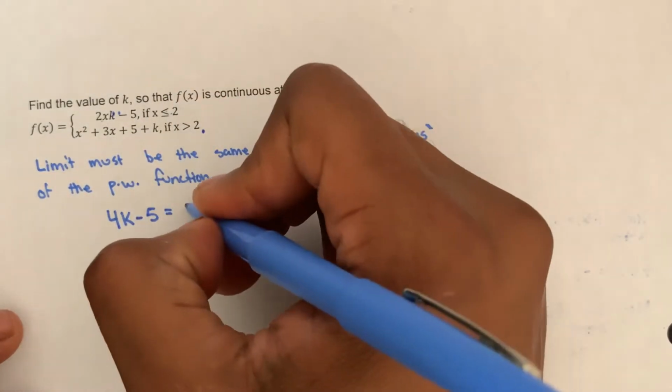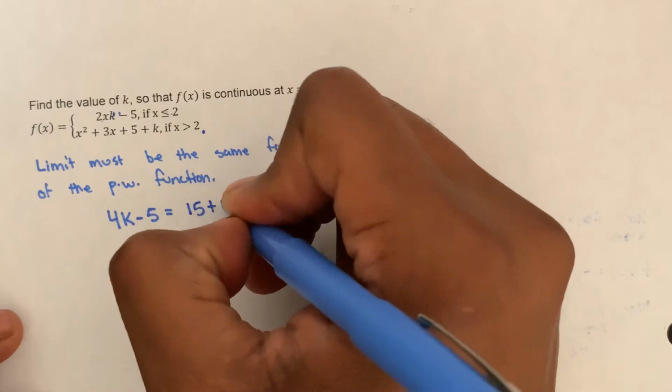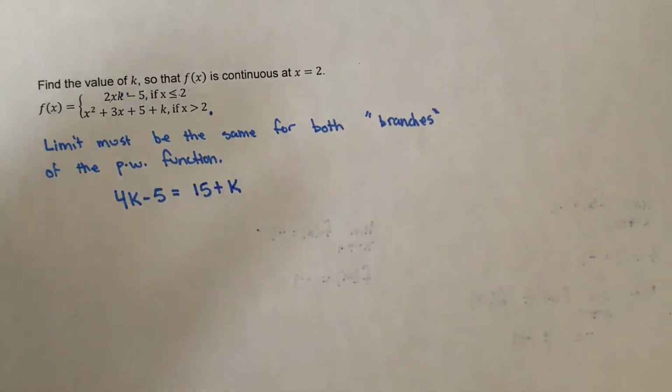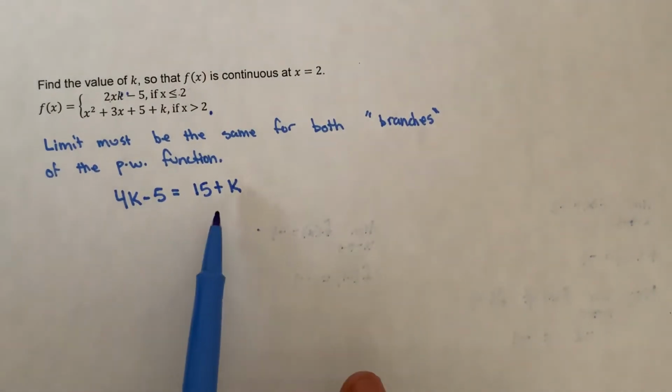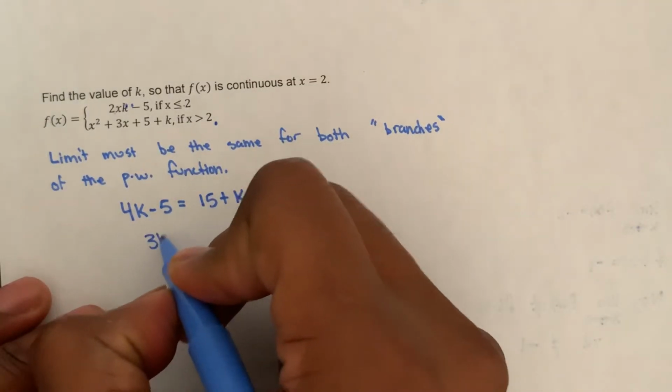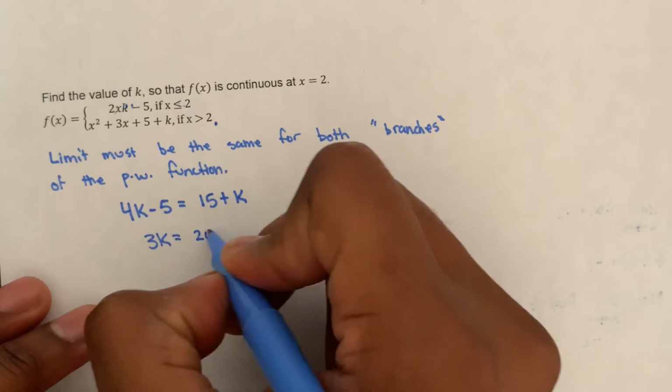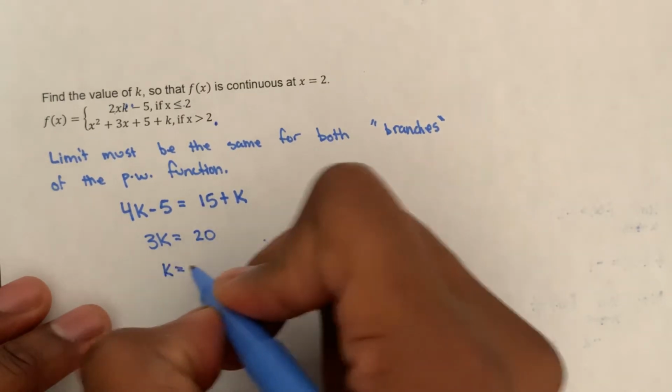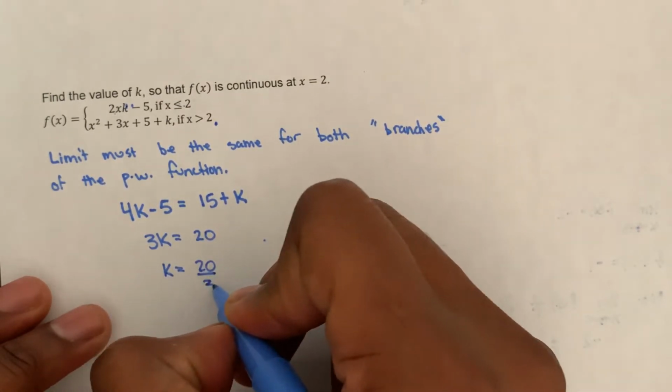So 4k minus 5 equals 15 plus k. Who knew in calculus we would get to solve an equation this simple? We get 3k equals 20 and k equals 20/3.